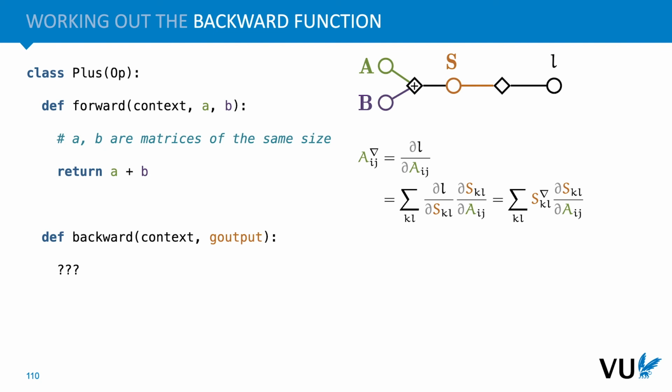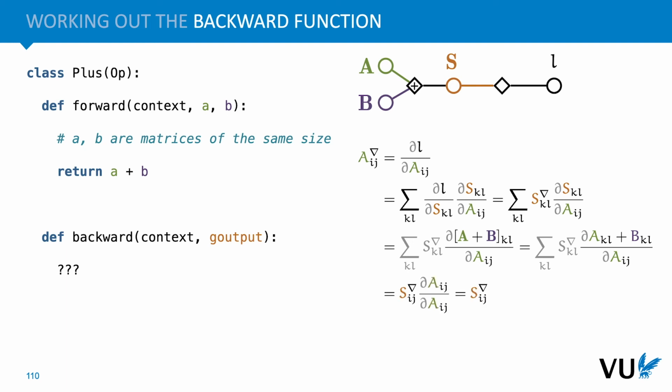So we fill in the definition of S_kl, which is simply element kl of the matrix that we get by adding A and B together. To write that in scalar terms, that's simply the klth element of A plus the klth element of B. B_kl here is a constant, so we can get rid of that. There's only one term in this whole sum that is non-zero, which is when k is equal to i and l is equal to j, so we can get rid of all of the other terms.